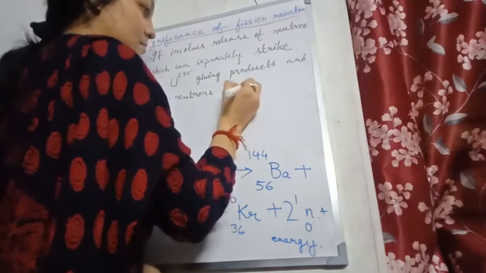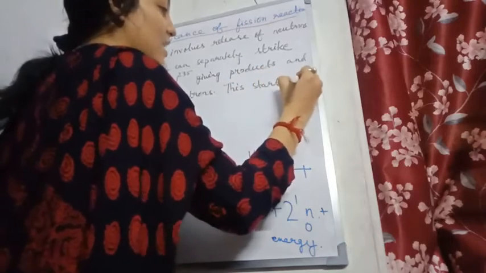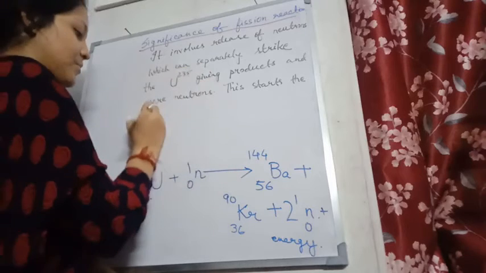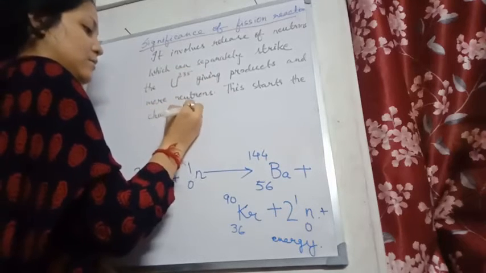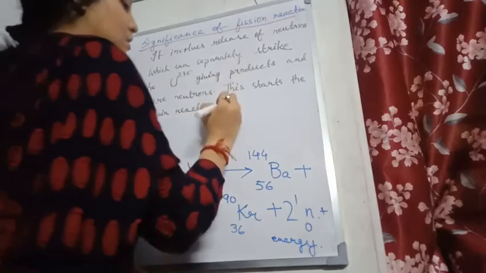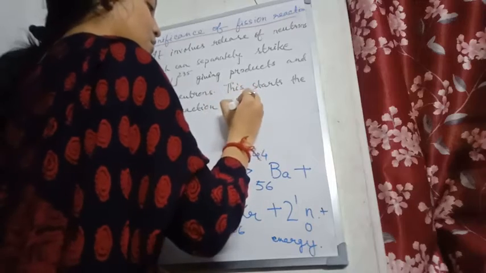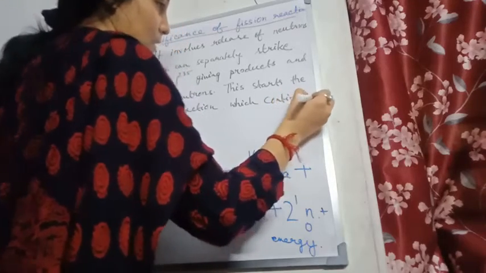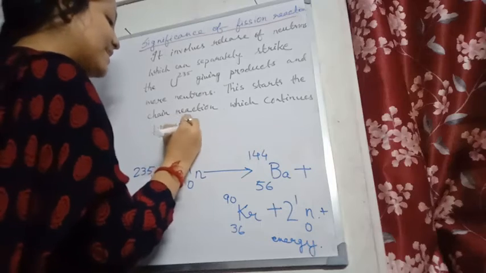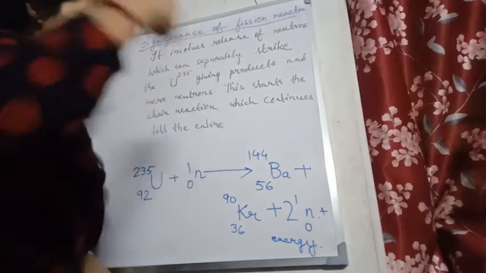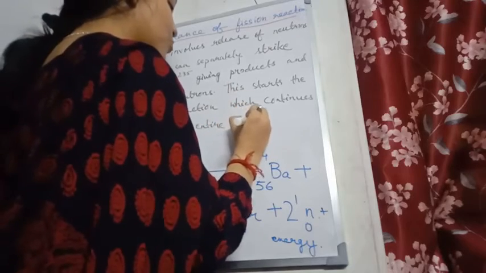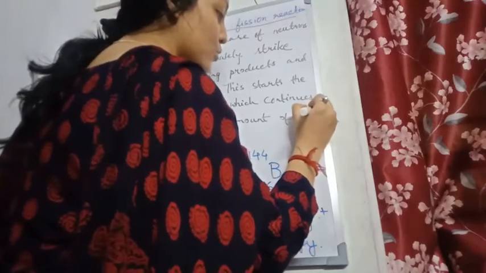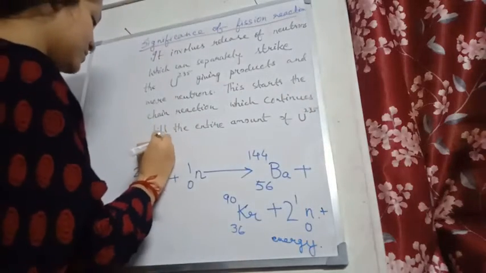This starts the chain reaction. Chain reaction means a continuous fission reaction starts, which continues till the entire amount of uranium-235 is consumed.